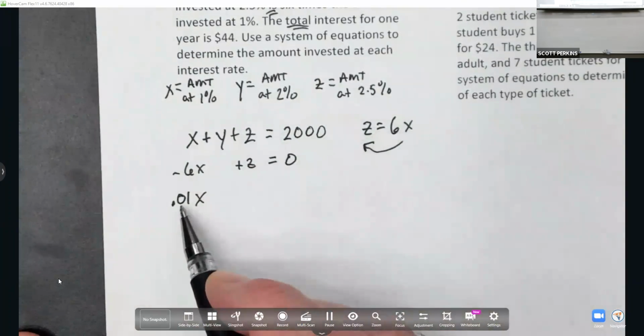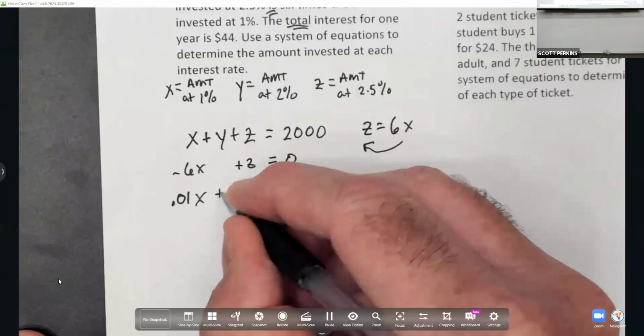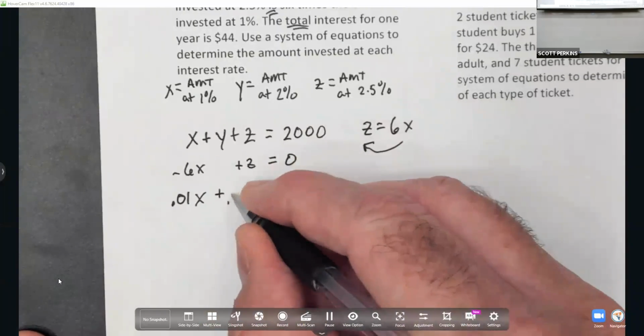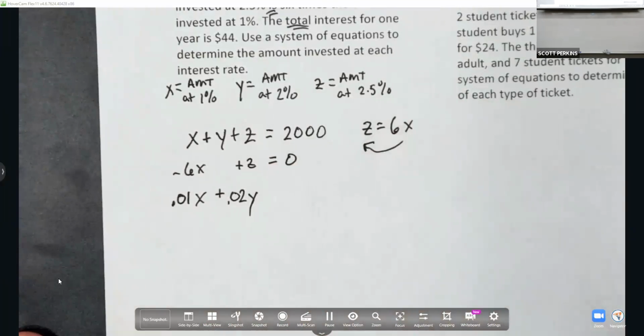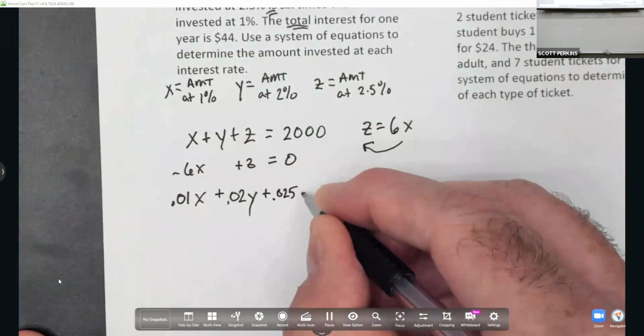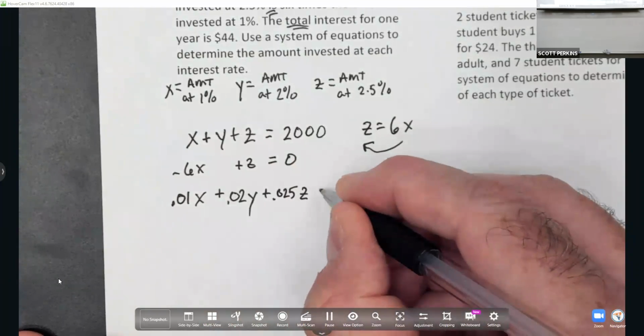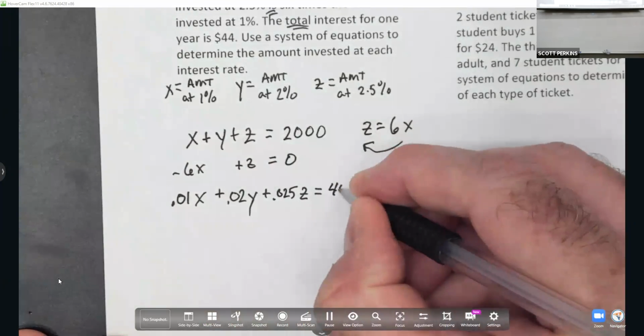This is the interest rate for the X account, the 1% account, how much I put in there. And then plus the next term is going to be 0.02 times Y. And then plus 0.025 times Z. And I'm told that that is the grand total of 44.